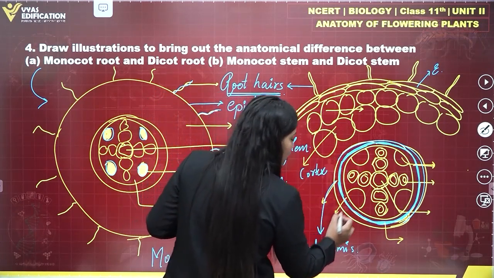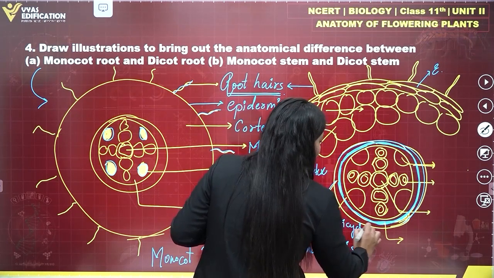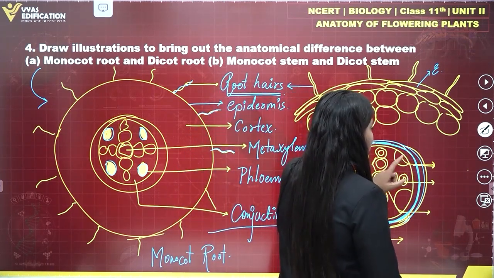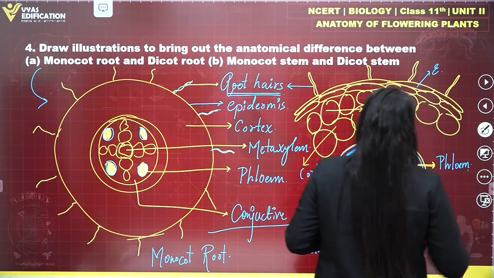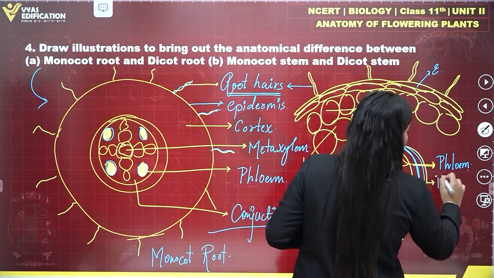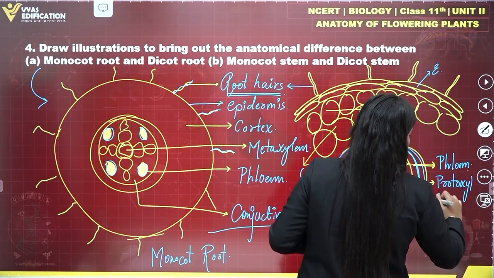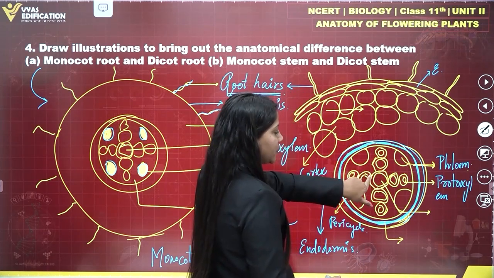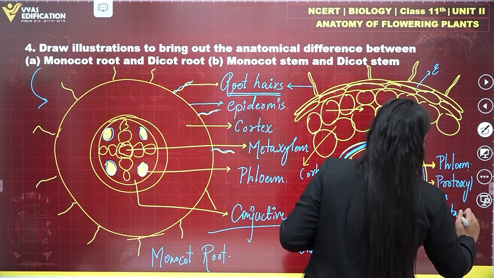Now these are phloem, this is your protoxylem, and the innermost one is metaxylem.